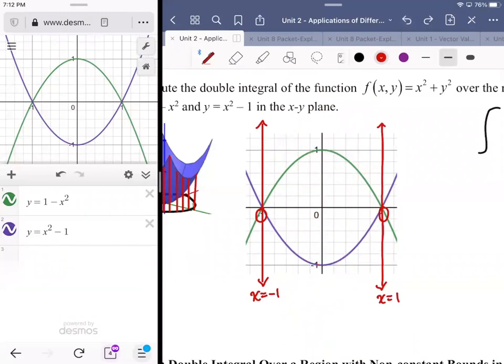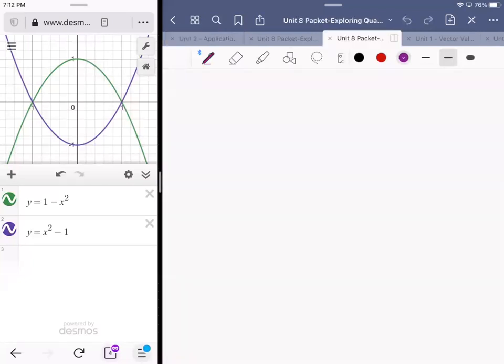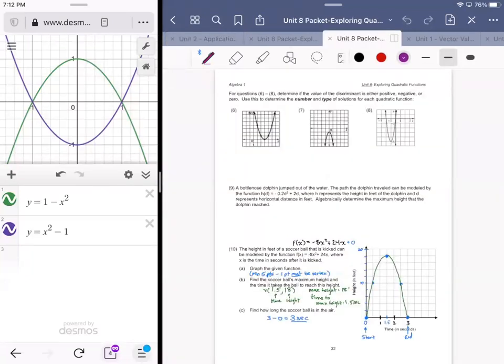So that would be a problem. So then you kind of think to yourself, all right, well, if we could cap it, that would be pretty good. So what if we were to say, yeah, we're going to go between the x values of -1 and 1, but only between y equals, let me get the green up. I hit the wrong thing. Yeah, look at this, algebra 1. I'm doing the same stuff.